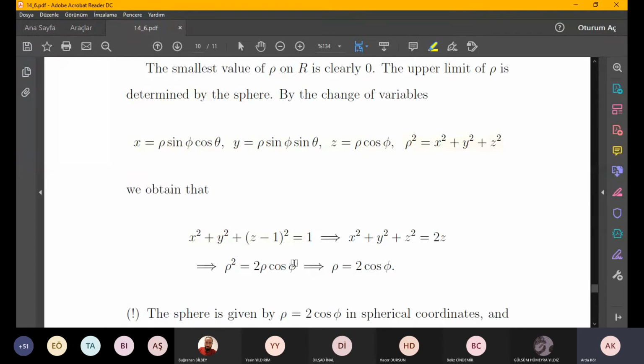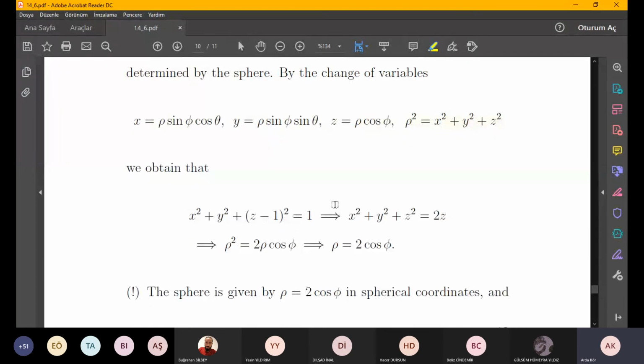And if you just write it again as x squared plus y squared plus z squared equals 2z, you can see in spherical coordinates the left side of the equation will be rho squared, and the right side will be 2 rho times cosine phi.